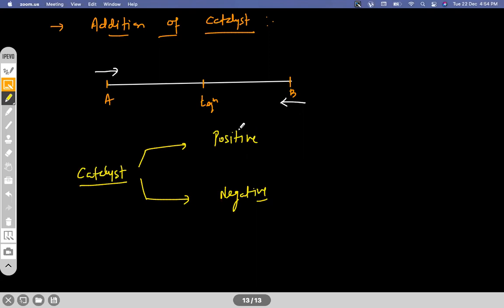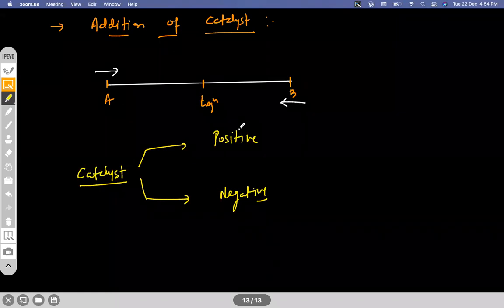Positive catalyst is the catalyst which enhances the rate of reaction. Write down this point here. Rate of reaction, when I say, means both forward or backward.